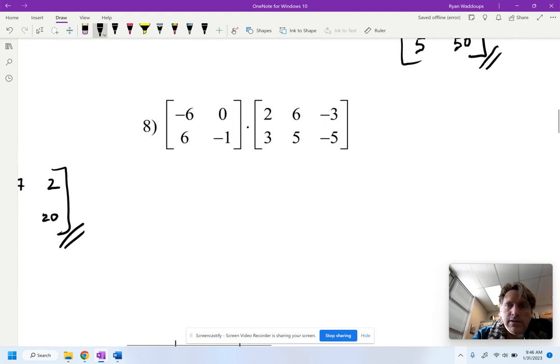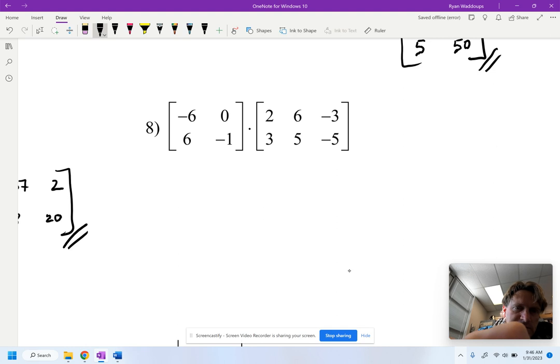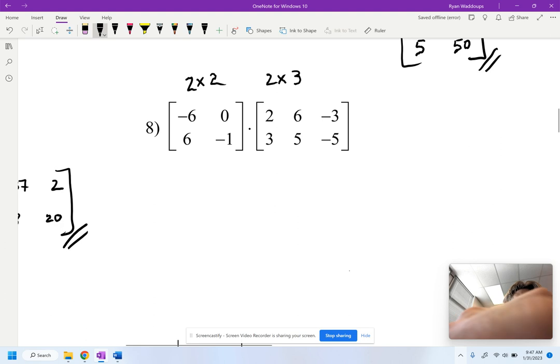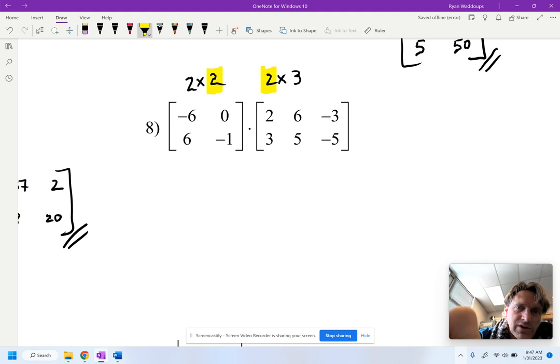All right. Now, let's look at this. This is a 2 by 2 matrix, and this one is a 2 by 3 matrix. Because this number of columns matches this number of rows, we can, in fact, multiply this out. So let's go ahead and do that. Negative 6 and 0 times 2 and 3.